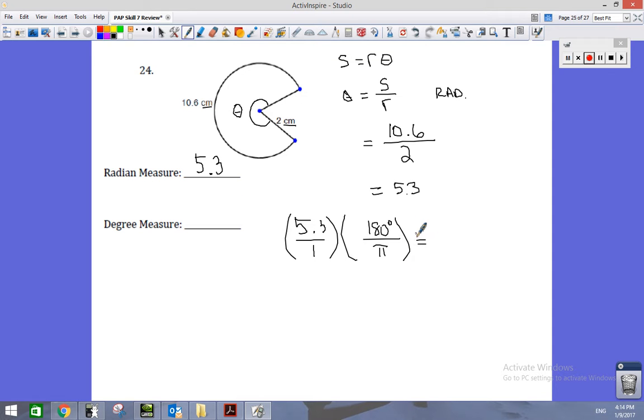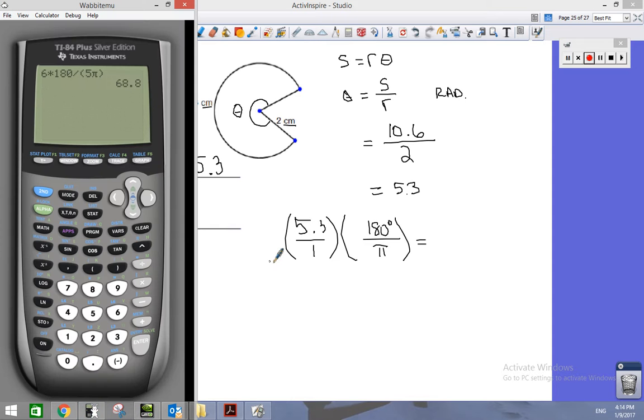So if I take 5.3 times 180 divided by pi, this will give me an approximation to 1 decimal: 303 point.